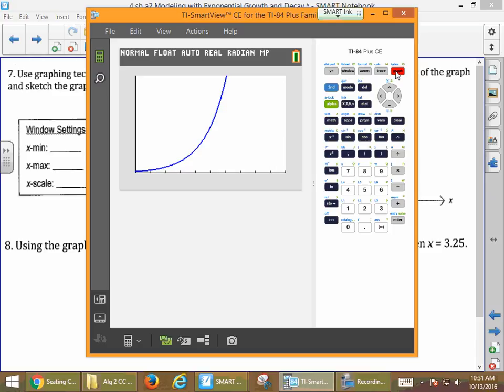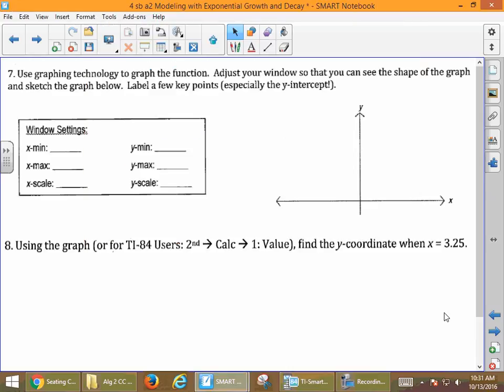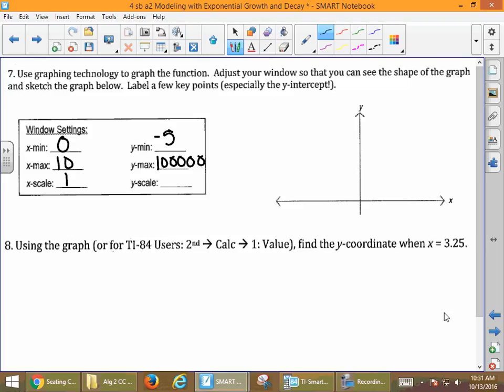Because if we come back over here and fill in what we just filled in, we had 0, 10, 1. Then I did -5, and 100,000, and then 100 for the scale.